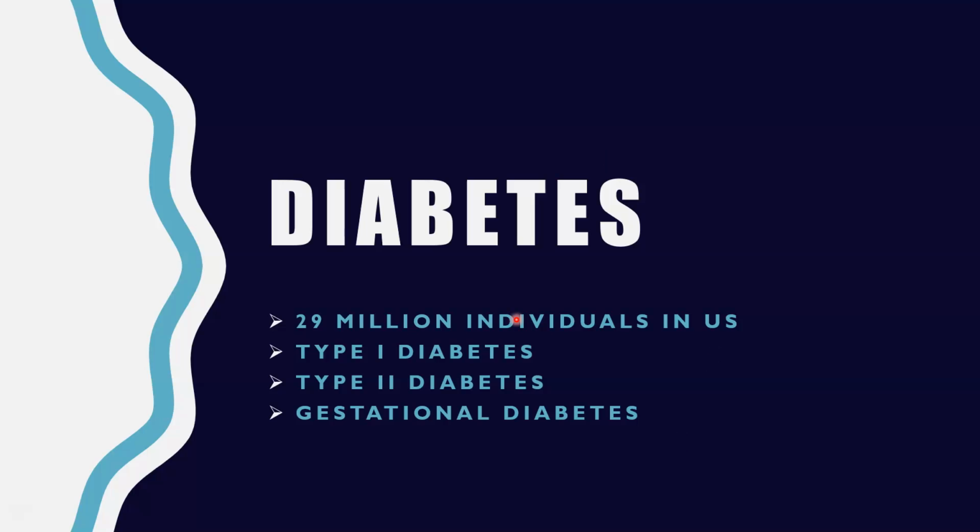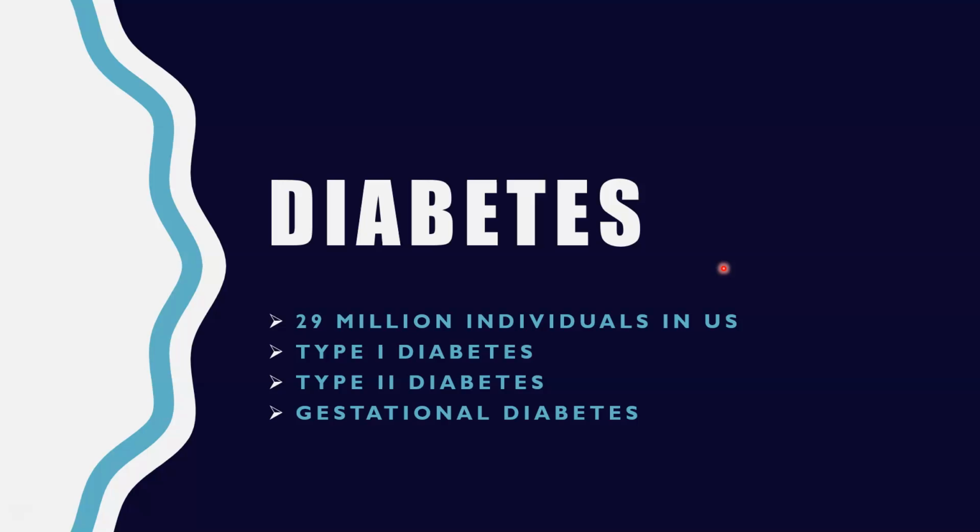So as promised, next for our specific conditions is diabetes. There are an estimated over 29 million individuals in the United States that suffer from diabetes, with over 8 million not aware that they have the condition.